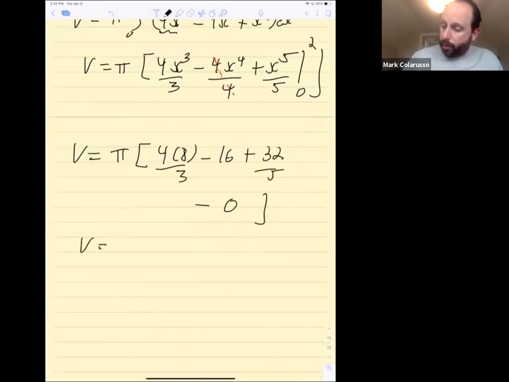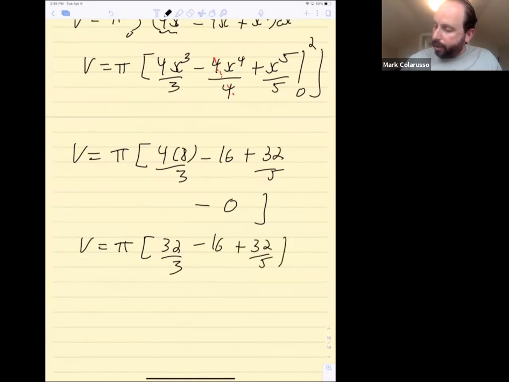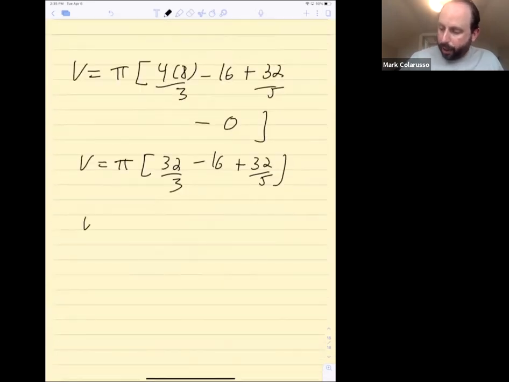So what you get here is pi times 32 over 3 minus 16 plus 32 over 5. And if you add together these fractions, you can do this on your calculator if you want, it's 16 over 15.